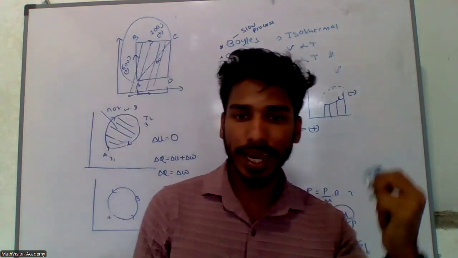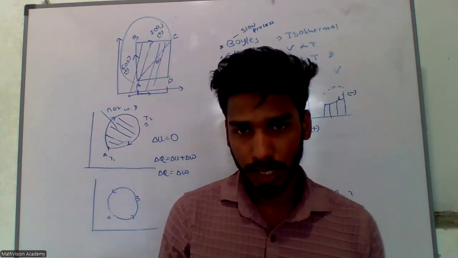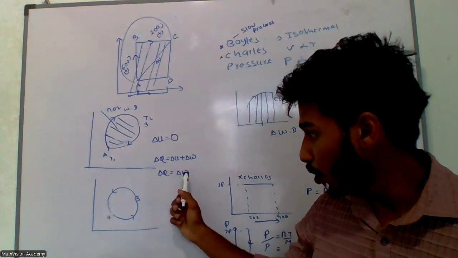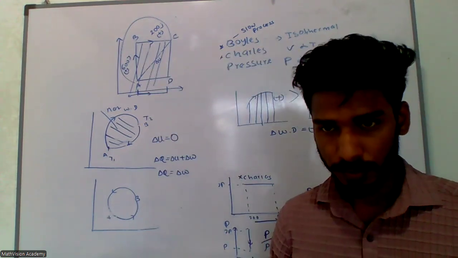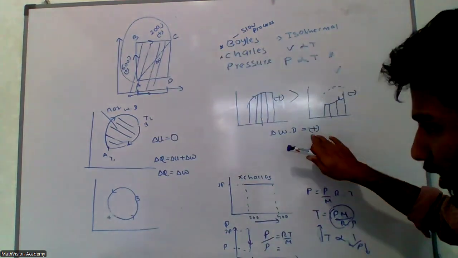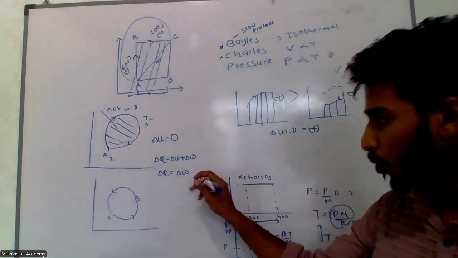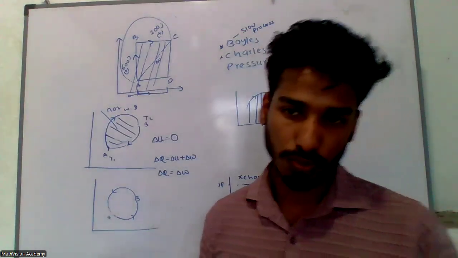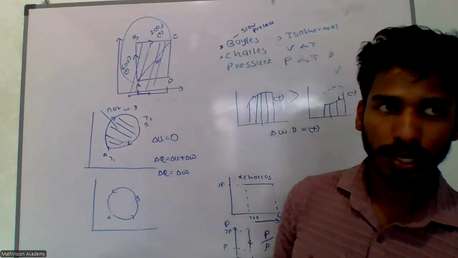And I already told you that delta Q is equal to the work done. So whatever work done in here is positive, the same sign is present for delta Q. So understand that, okay?